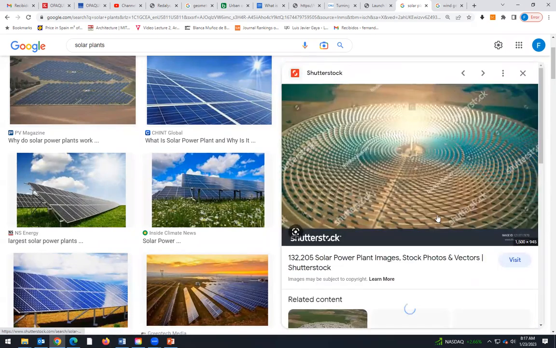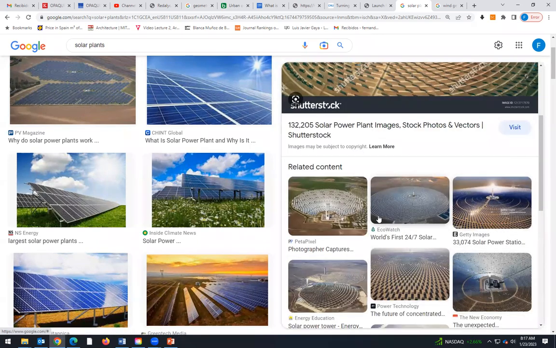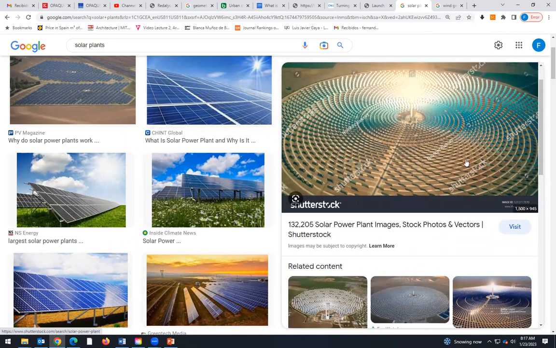So we have different solar plants, but those are not the same panels as we have here. Those are solar panels, and those panels turn solar radiation into electricity. Those are not panels, those are mirrors that concentrate all the reflected light at this point. And at this point, we create high temperatures, and with this high temperature, we can turn water into steam, and with that steam, we can move turbines.